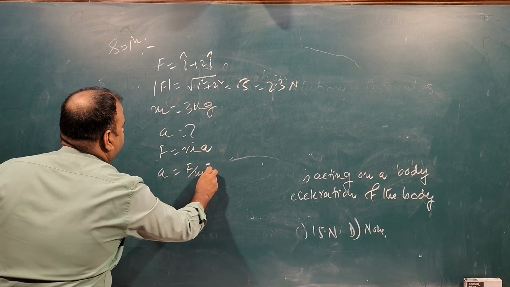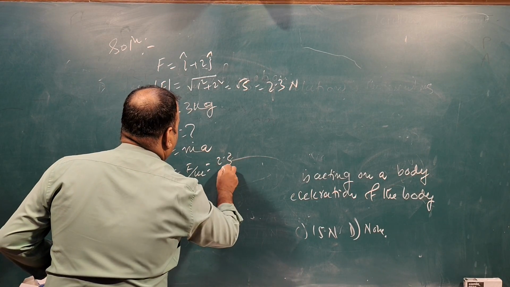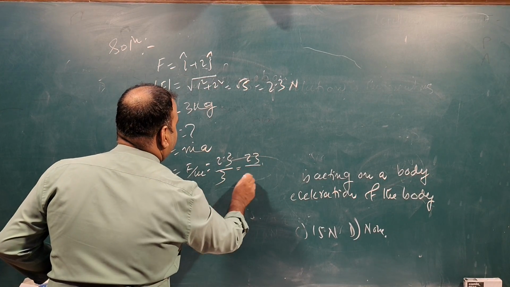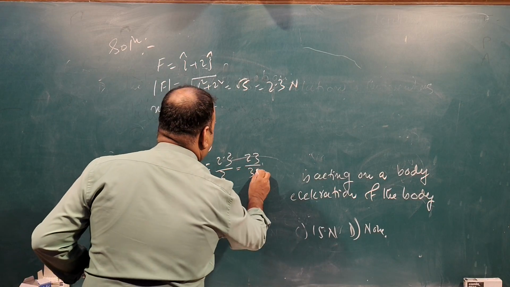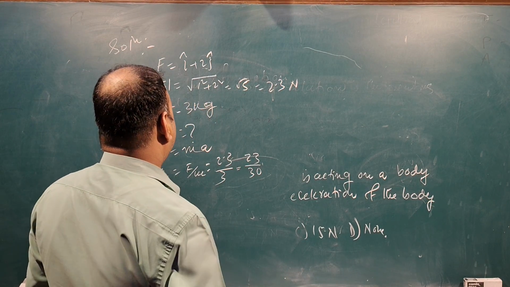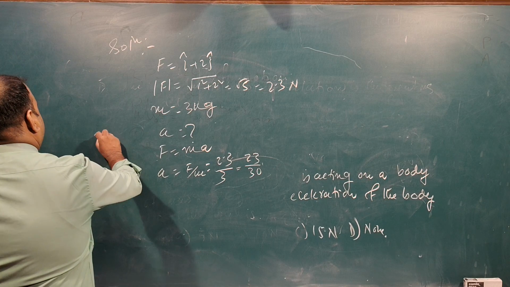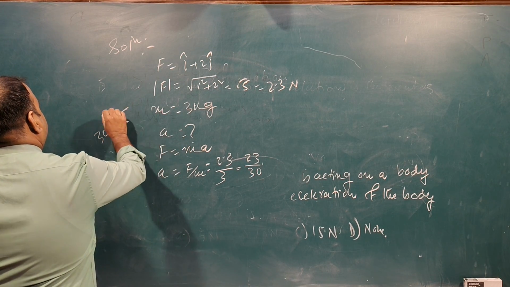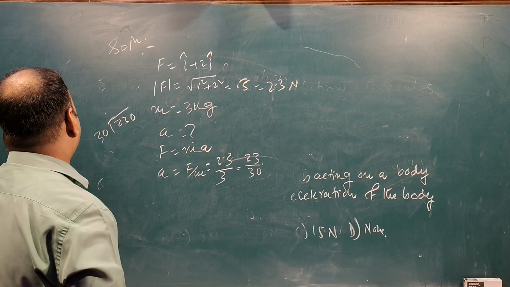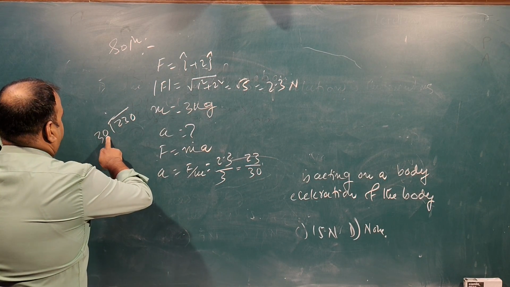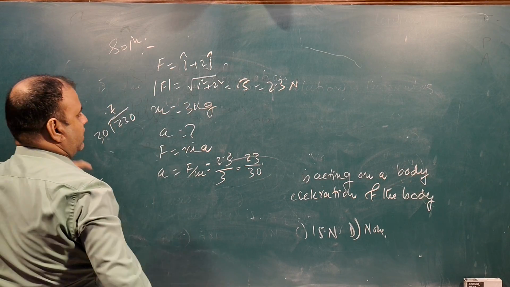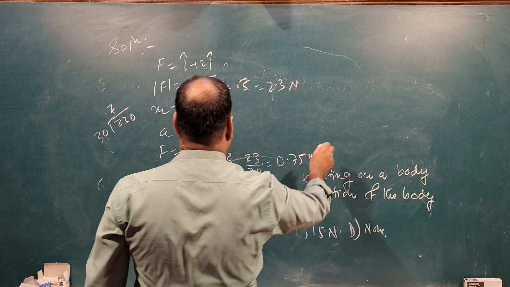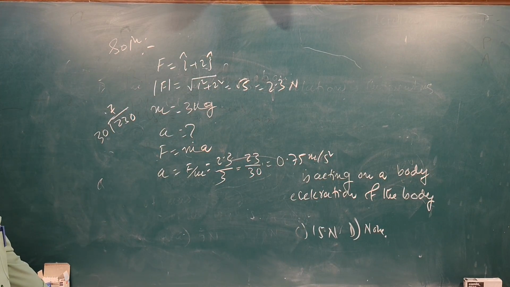So a is F by m, that is 2.3 divided by 3 kg, which is approximately 0.75 meter per second square. In this way we can calculate the acceleration.